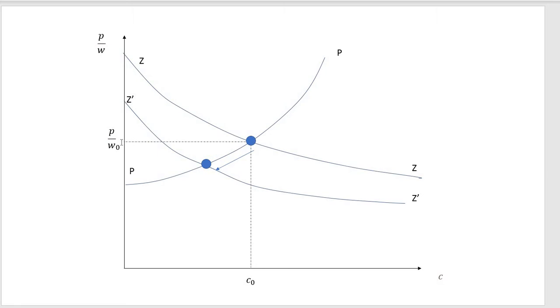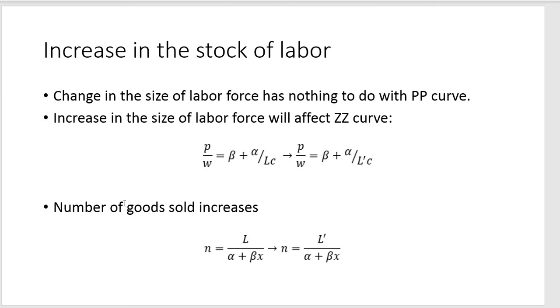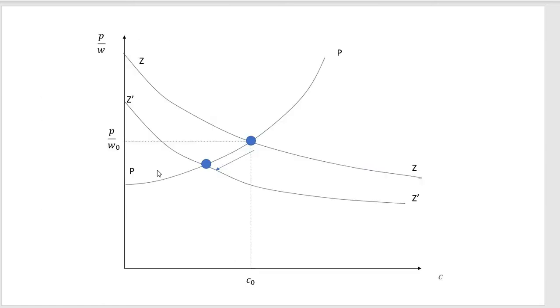So with the decrease of price to wage ratio, we actually have bigger real wage. So if we assume increasing returns to scale and monopolistic competition, we see that when the stock of labor force increases, on one hand we have bigger variety of goods, on the other hand we have bigger real wage.